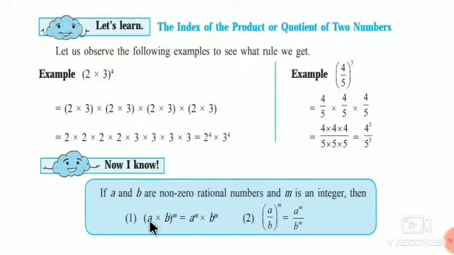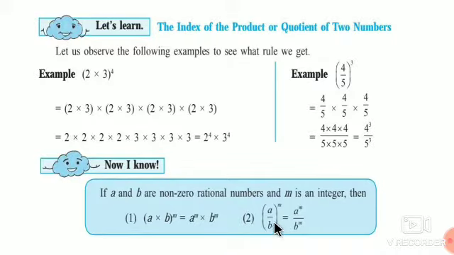This formula, a multiplied by b whole raised to the power m is equal to a raised to the power m multiplied by b raised to the power m. 4 upon 5 whole raised to the power 3 means 4 upon 5 multiplied by 4 upon 5 multiplied by 4 upon 5 3 times. 4 raised to the power 3 upon 5 raised to the power 3.